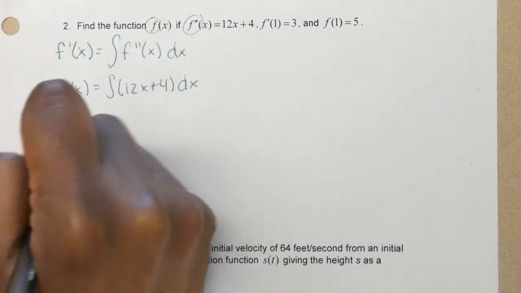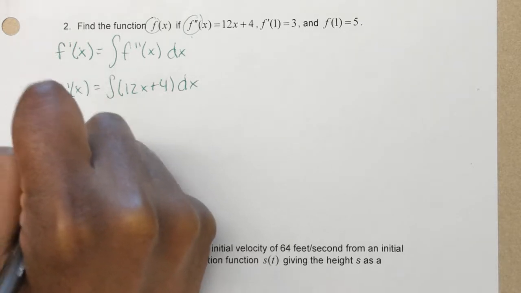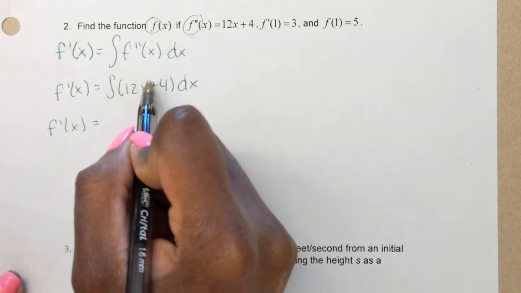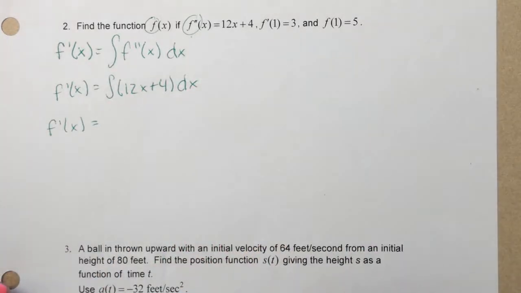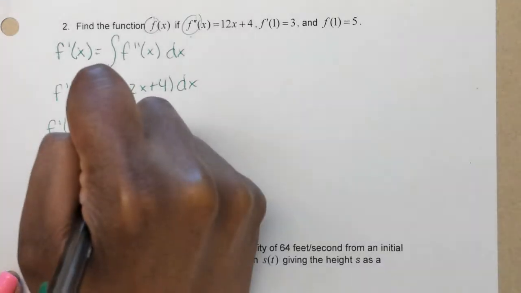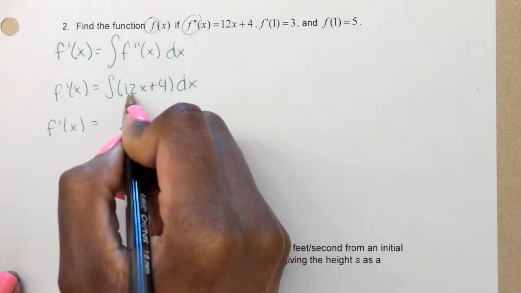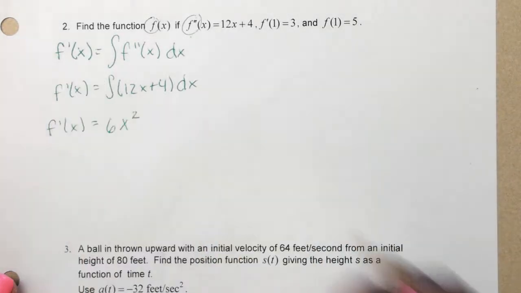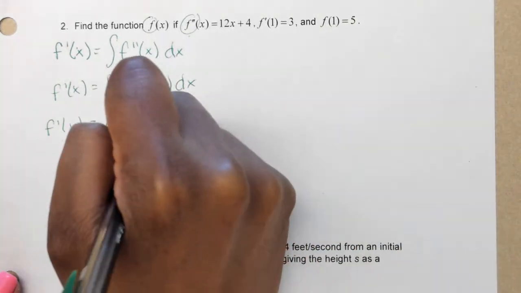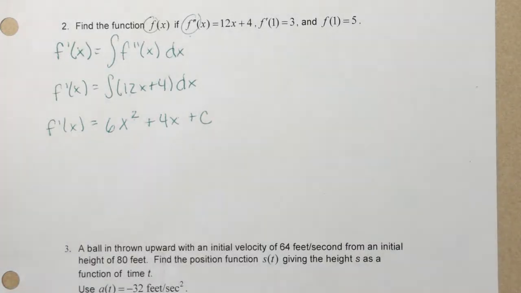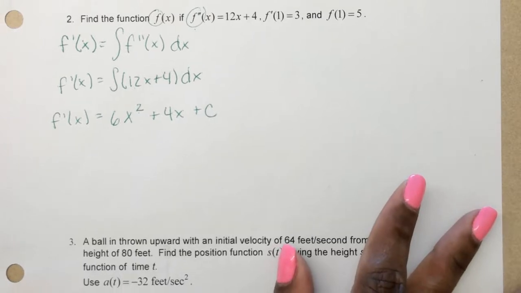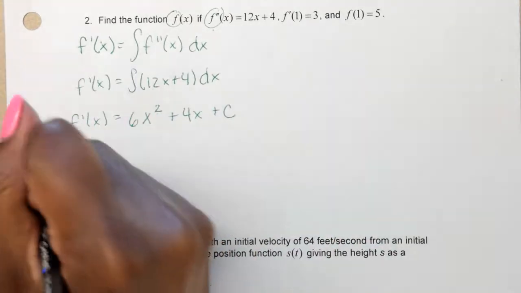Now we're going to add 1 to our exponent, so we have x squared, and we're going to divide this number by our new exponent, so we have 6. So 6x squared plus 4x plus c. So that's our general solution for our first derivative.